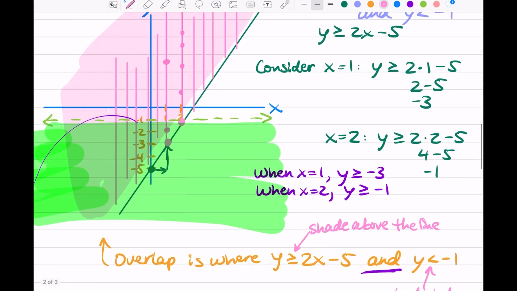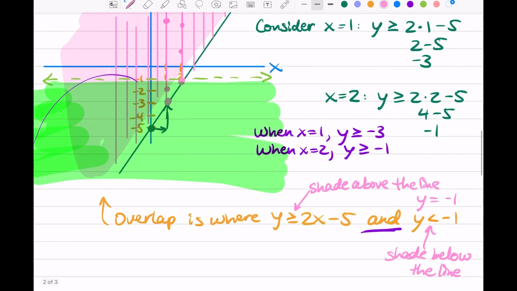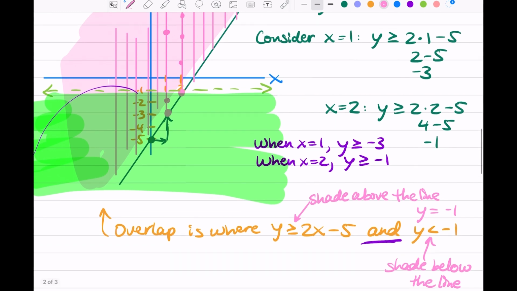Why? Well, what if this was y equals negative 1? That's going to be this green line, but it would just be a solid green line. But we're saying y is less than that. So we're going to give it a dotted line because we don't want y to be equal to negative 1. And everything below that is going to be also where y is less than negative 1.